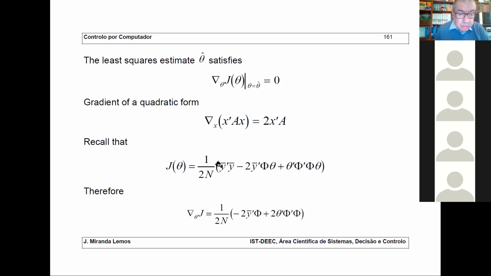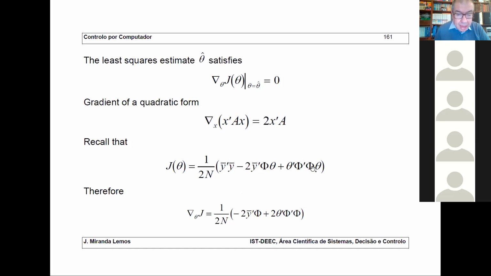Now, the gradient with respect to theta of y bar transpose y bar is just 0 because this does not depend on theta. Now you have here a vector that multiplies theta. If you have a vector that multiplies theta, the gradient is just this vector. Okay, so minus 2 y bar transpose phi. Okay, this is a vector. And now here you apply this rule.